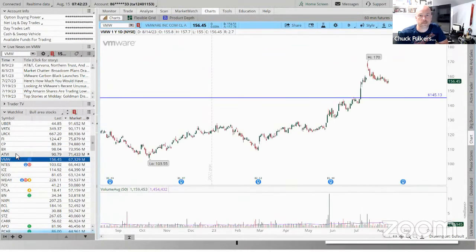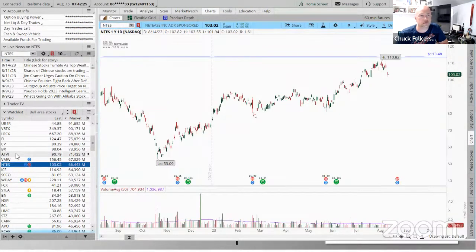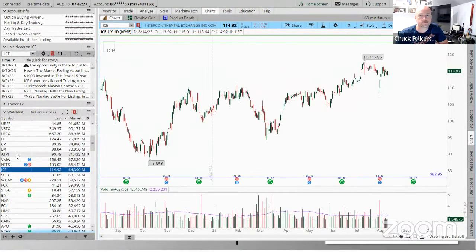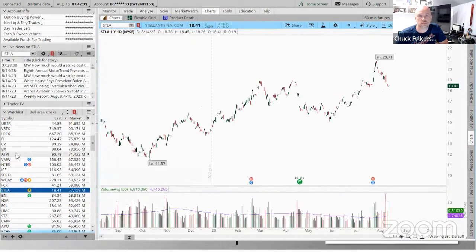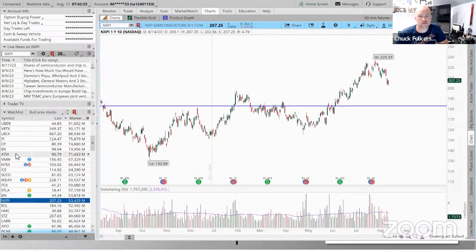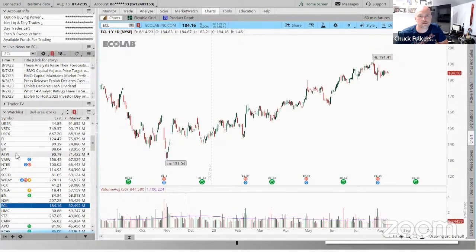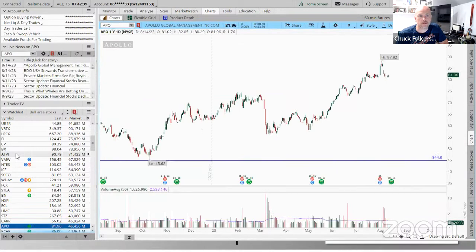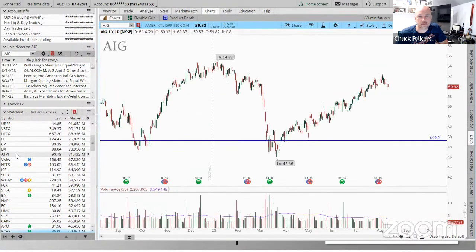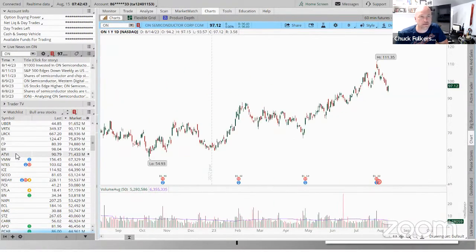Activision Blizzard, has that thing been bought yet? Looks like it's got to get bought. For all the stocks that are on the list, there's not a whole lot that are sticking out to me.